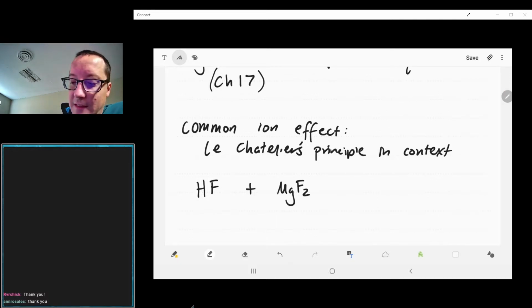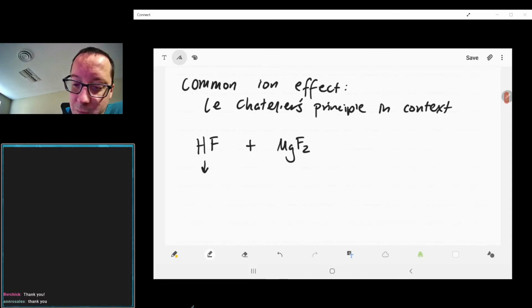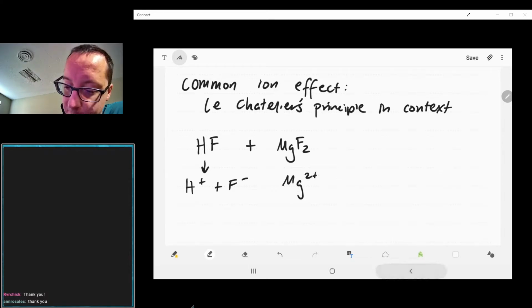We're going to see that this solution would have these two ions floating around in it. And this solution would have these two ions floating around in it.